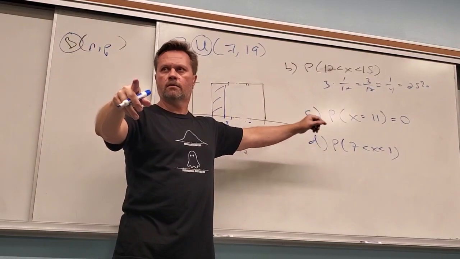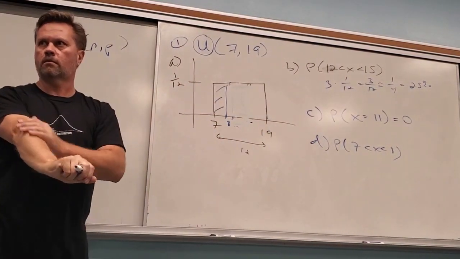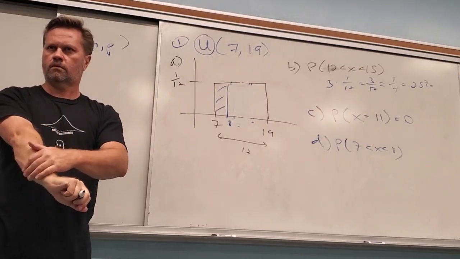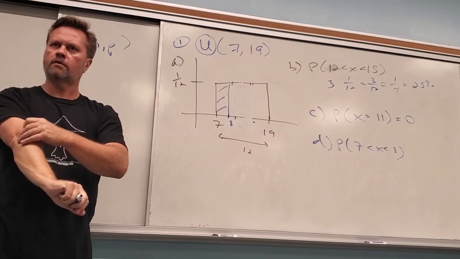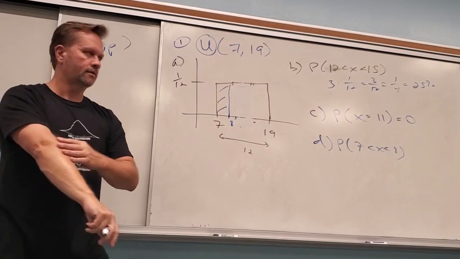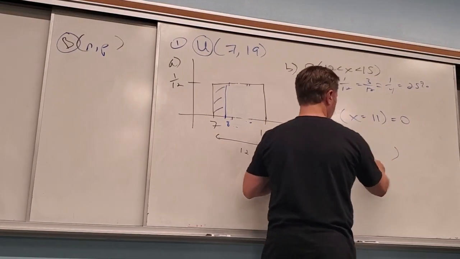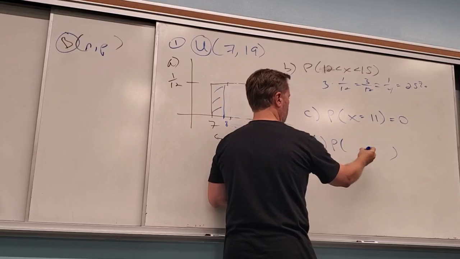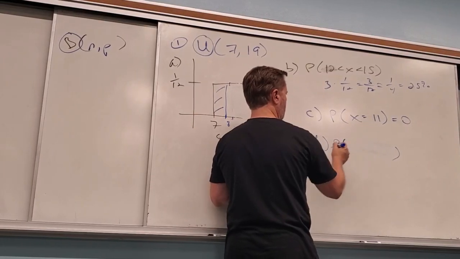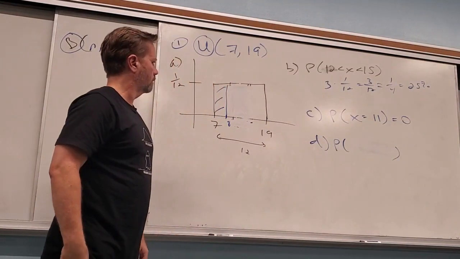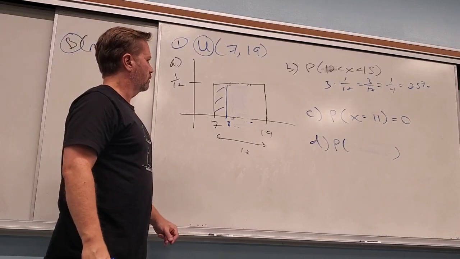I think what she's trying to ask is instead of 19, if it was 7 and 8. And then let's say the x is like 7 and a half. Would that still be 0? What would the question be exactly? So instead of uniform distribution of 7 and 19, it's uniform distribution of 7 and 8. And then x would be like 7 and a half.